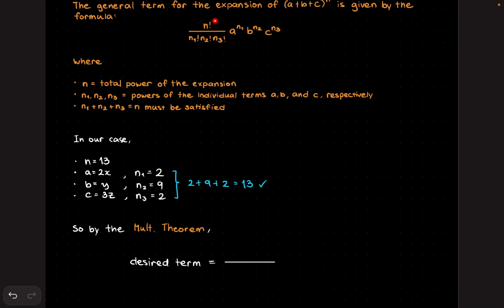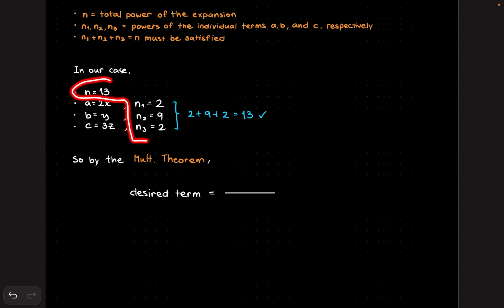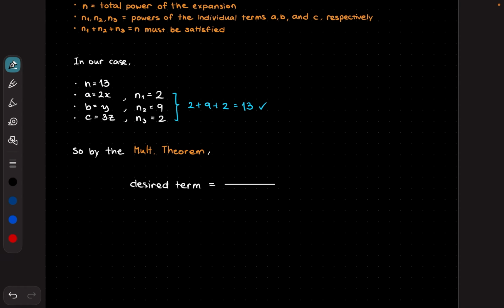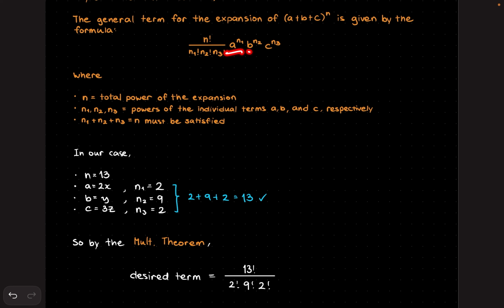First we have n factorial over n1 factorial, n2 factorial, n3 factorial. So we'll be using these three here: 13 factorial, 2 factorial, 9 factorial, and 2 factorial. Then A, B, and C will represent this with their corresponding powers. So let me write that one down.